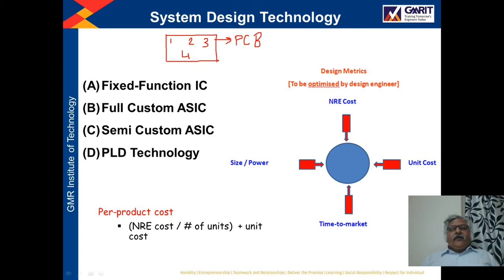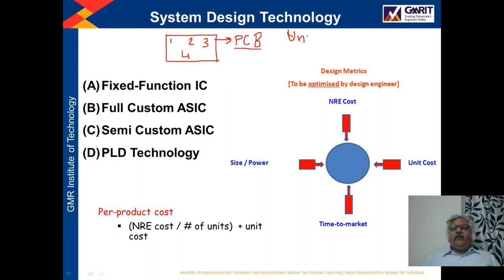Now the cost of this one unit is called unit cost, and in this costing we have excluded the NRE cost. So let us take one example. Let us assume that the cost of these four components which are mounted on this PCB and the cost of the PCB, if we include all these, that is your unit cost.